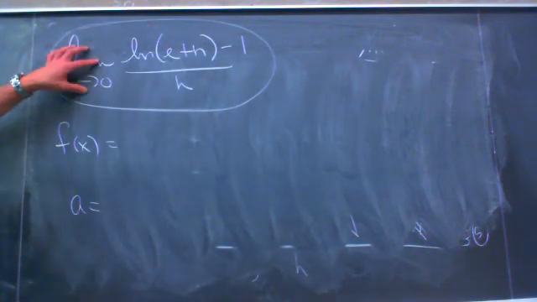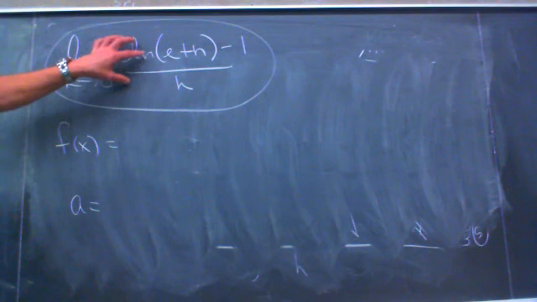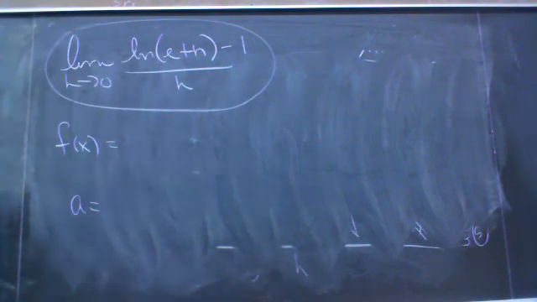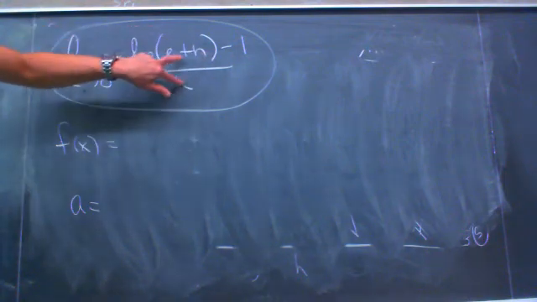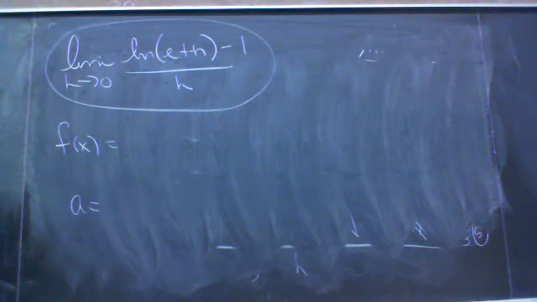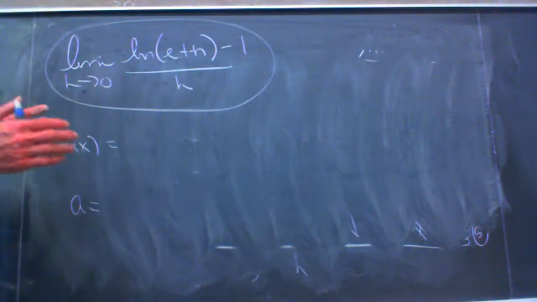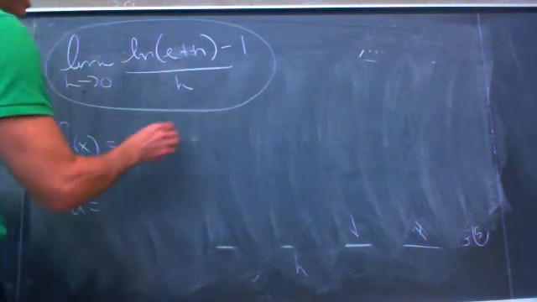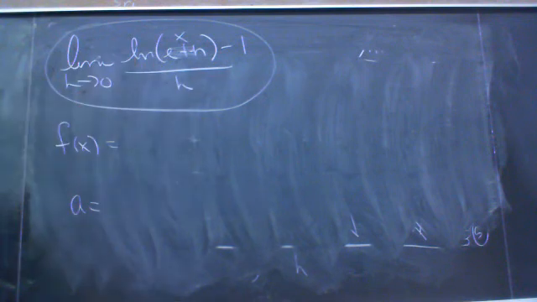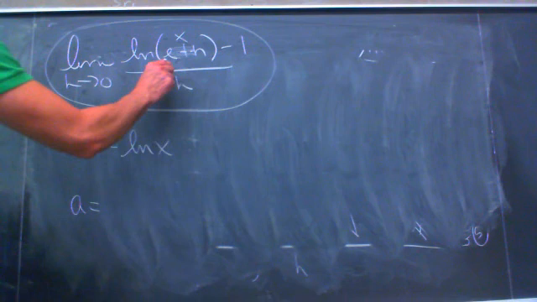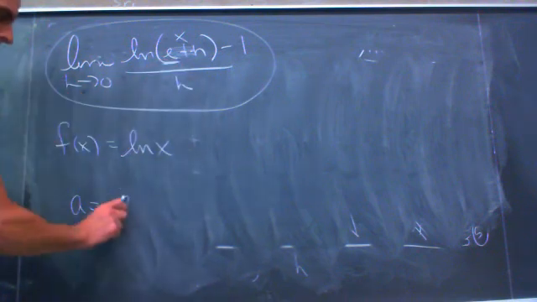It's a limit of a difference quotient of that form, f at a plus h minus f at a all over h. The function is usually found by covering up that a plus h stuff. So I'll cover that up and think about replacing that with an x. So my function is the natural log of x. This is the a value, so a would be e.